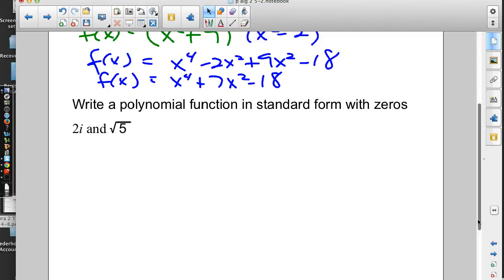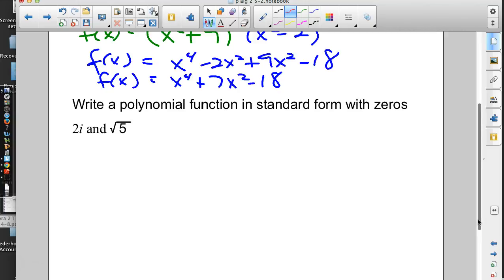Again, they're not telling us. It's a quartic, it's a cubic, it's a whatever. We are supposed to know. What's the first thing you do? Take a peek back.